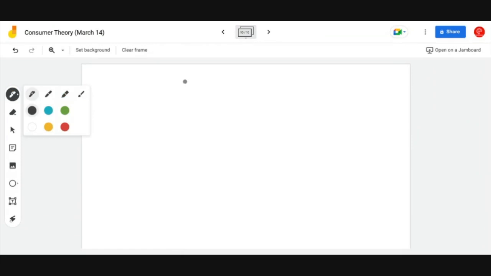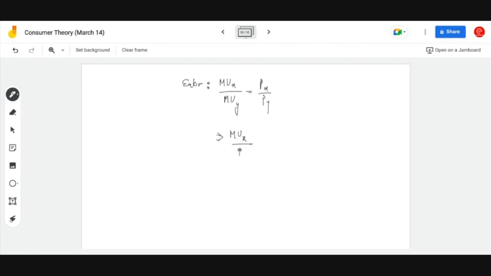So if we rearrange this, we have written that at equilibrium MUX by MUY is equal to Px upon Py. So we can rewrite it as MUX by PX is equal to MUY upon PY. Now, what is the economic interpretation of this?